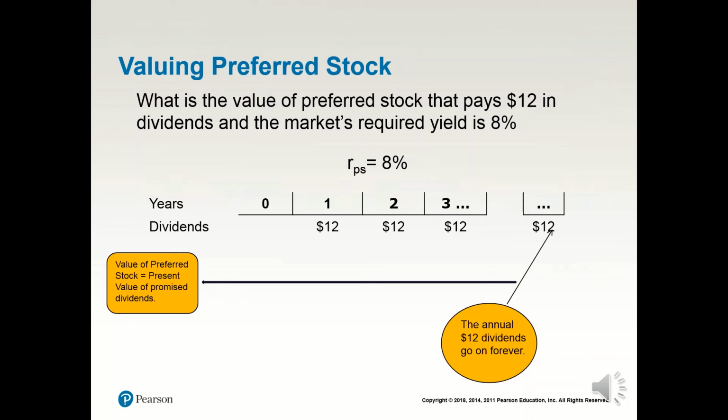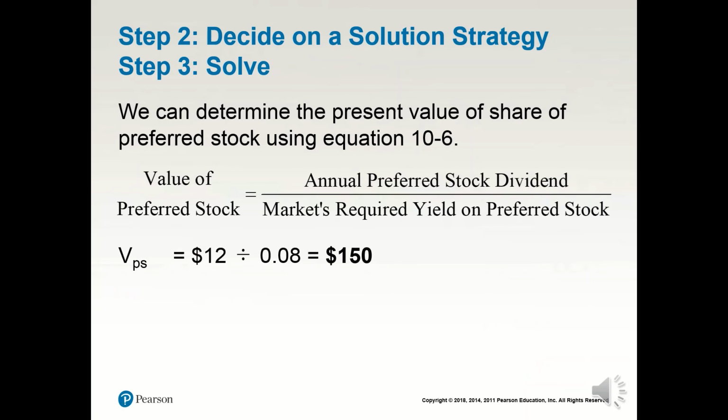We can also show our investors' required rate of return, or the market's required yield of 8%. The value is easy to calculate. You take your annual preferred stock dividend of $12 and divide it by the market's required yield, that was 8%, and you get your value of preferred stock of $150.